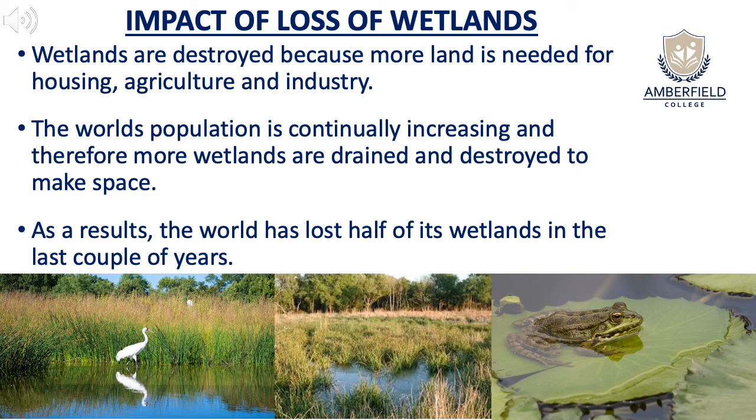And remember, when we say the population is increasing, it just means that there are more and more humans in the world. Now, because it's increasing, it requires more wetlands to be drained and destroyed to make space for the different houses and industries to open up.